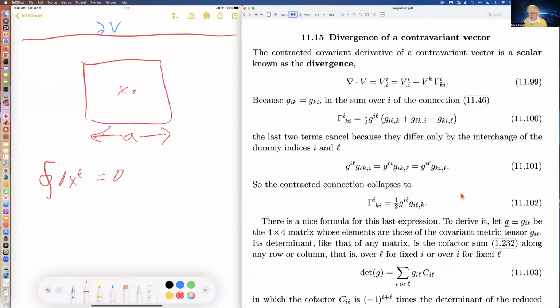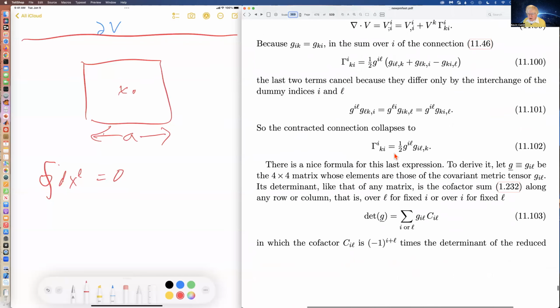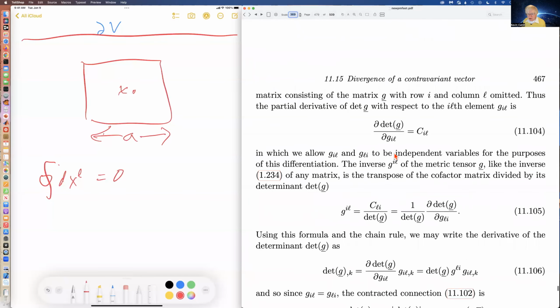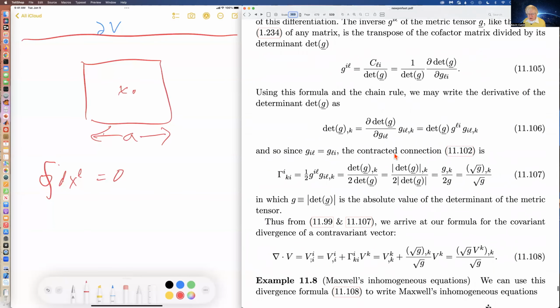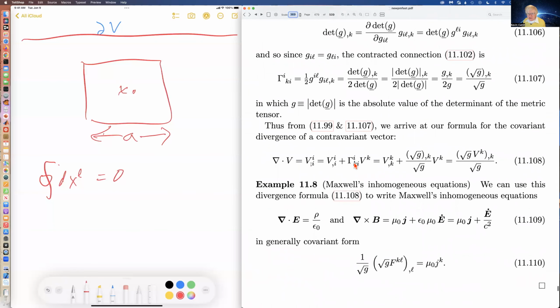And here we went through the divergence of a contravariant vector. And formally, if you're doing the covariant divergence of a contravariant vector, you get this expression.